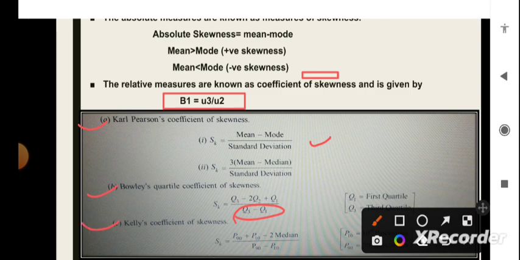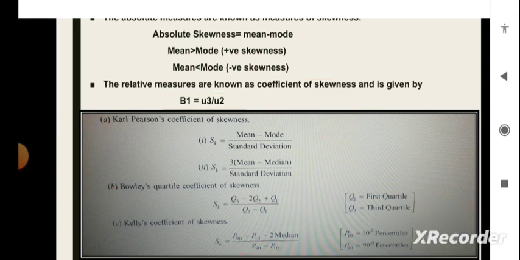Third is Kelly's coefficient of skewness, which is equal to 90th percentile plus 10th percentile minus 2 median, divided by 90th percentile minus 10th percentile.